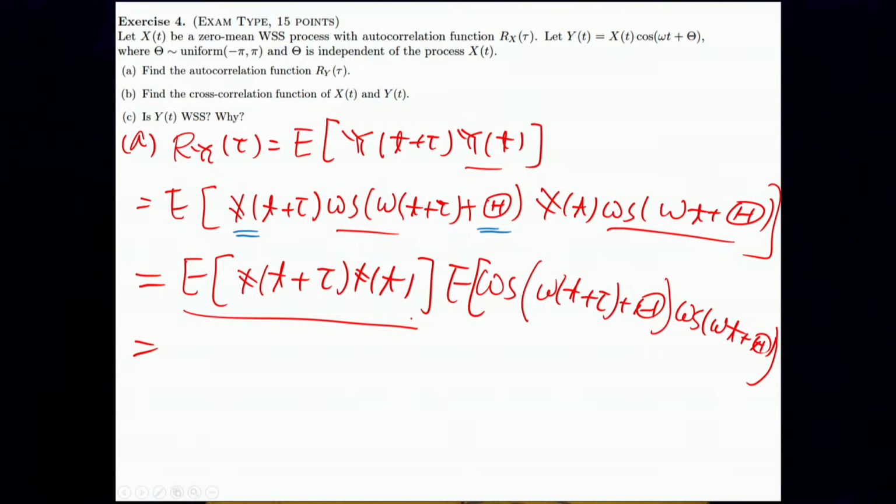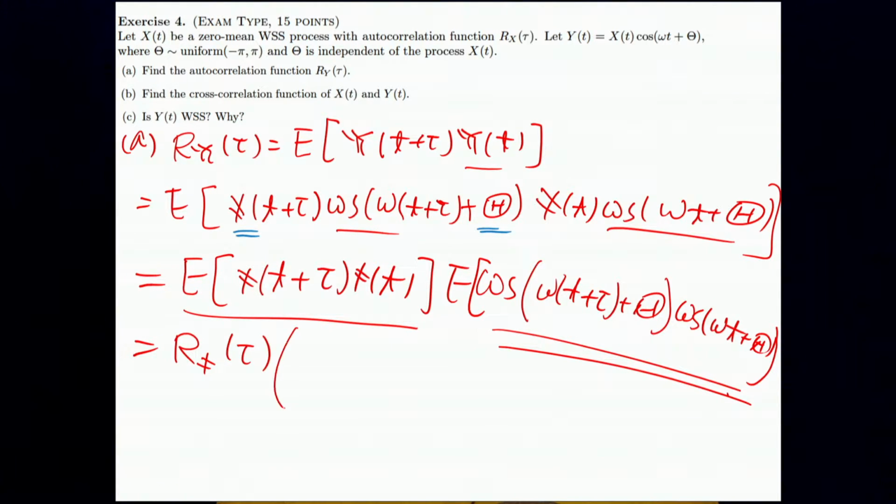The first one is the autocorrelation of X. And the second one, since theta is a uniform distribution from minus pi to pi, we can combine those two.